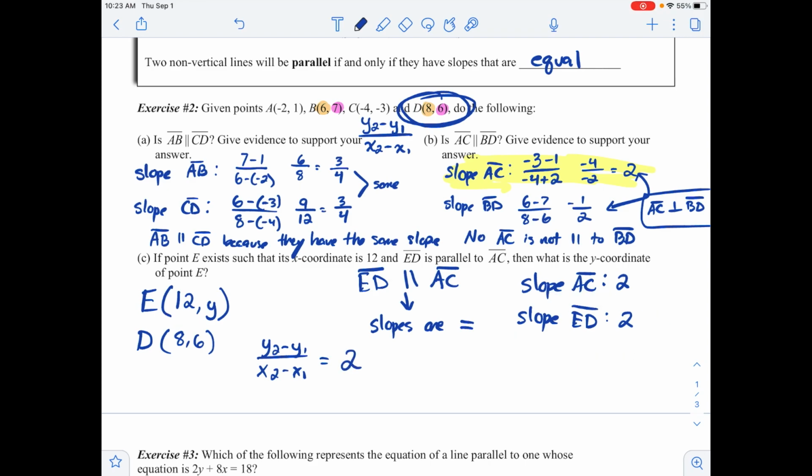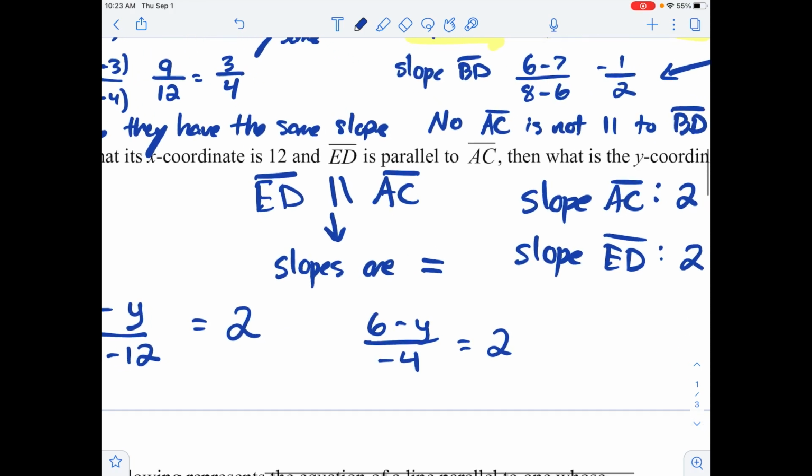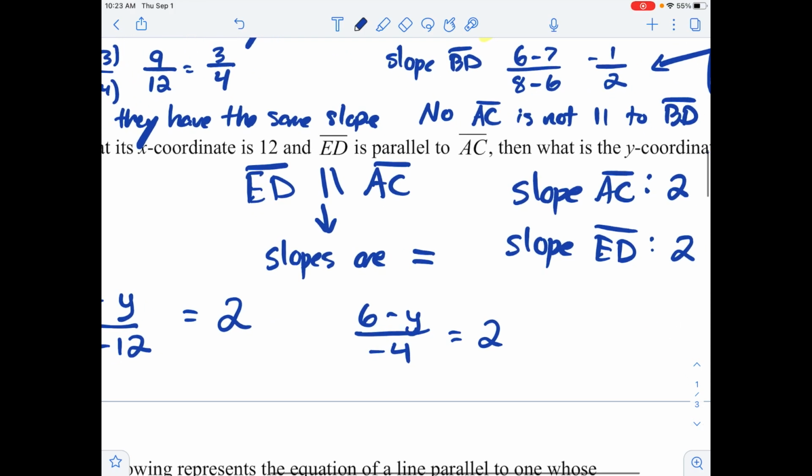So let's make some substitutions. I'm going to do 6 minus y, I don't know what it is, over 8 minus 12. Okay, I'm going to simplify this a little bit. 6 minus y over -4 equals 2. So in Algebra 1, when you had something like this, you might have cross-multiplied, or maybe you multiplied both sides by -4.